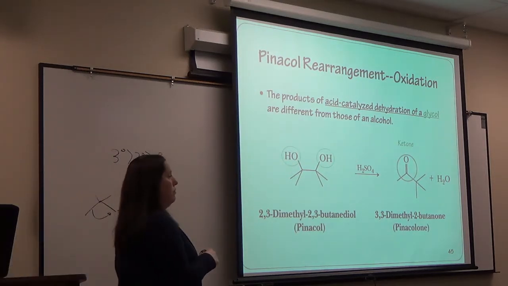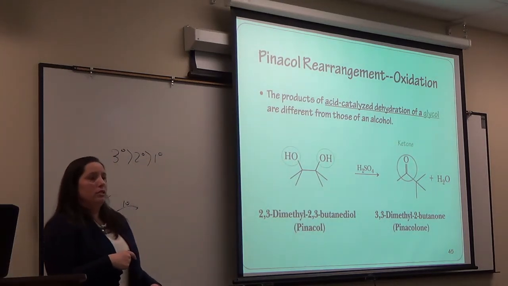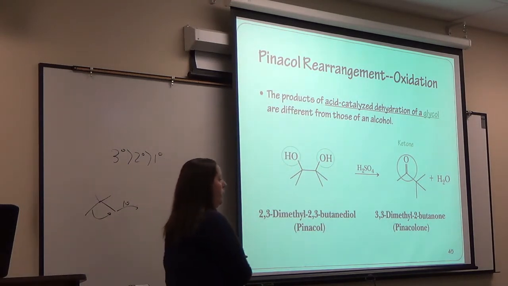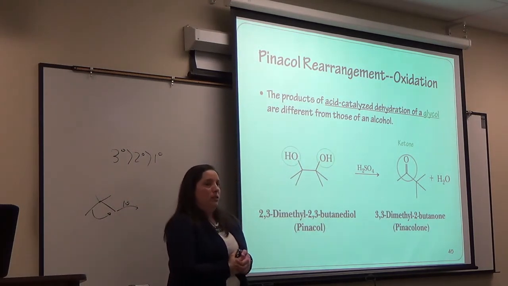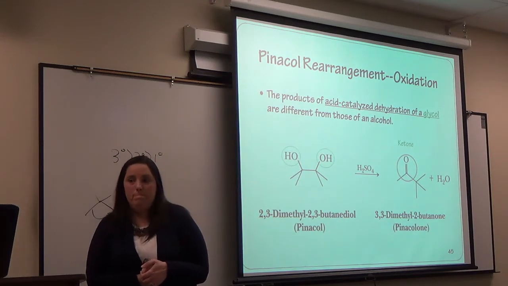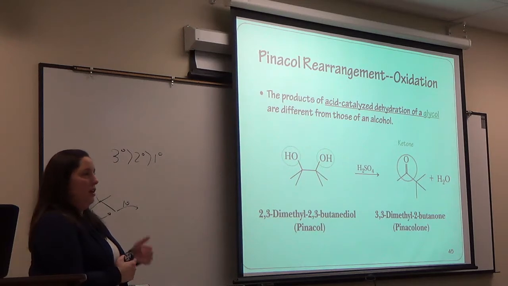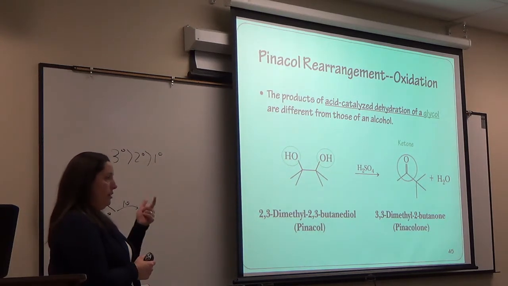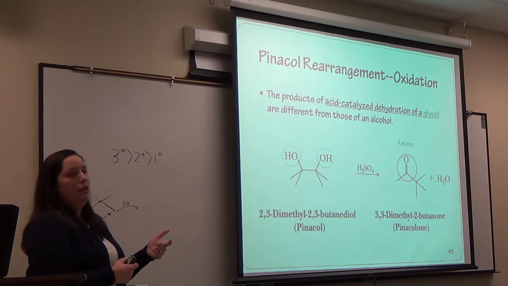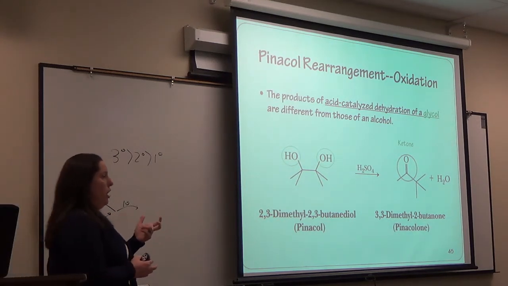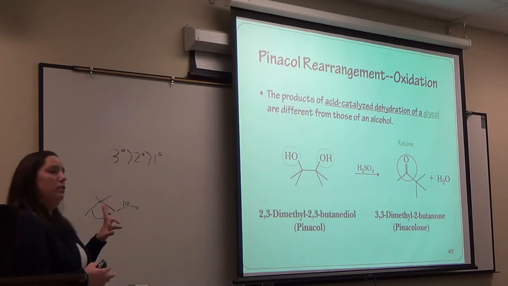And how do you know it's going to be elimination versus substitution again? Remember that from last time? What do you need to do an elimination? Base, yeah. Remember, you need that organic base, the ethoxide, methoxide, sodium methoxide, or you can have that bulky base, the 2-butoxide, remember from last semester?